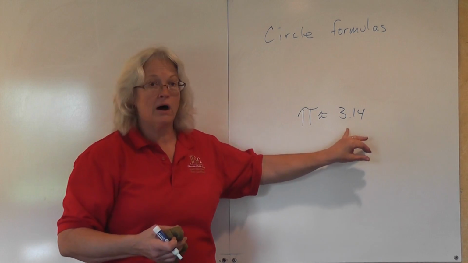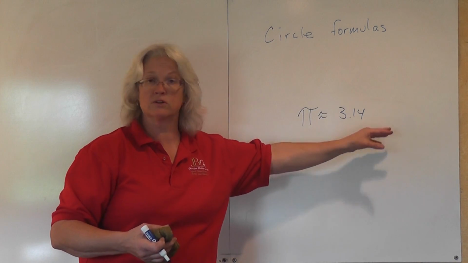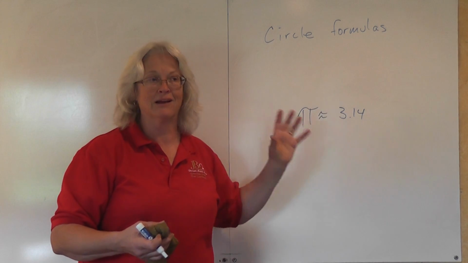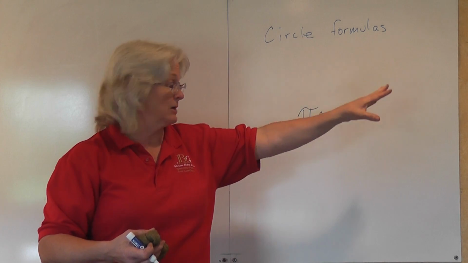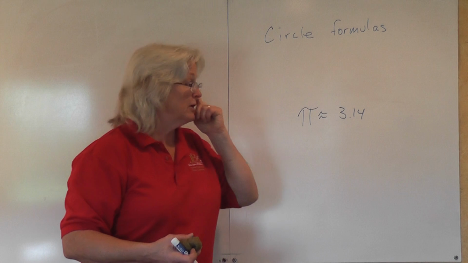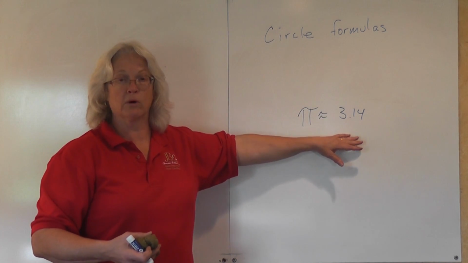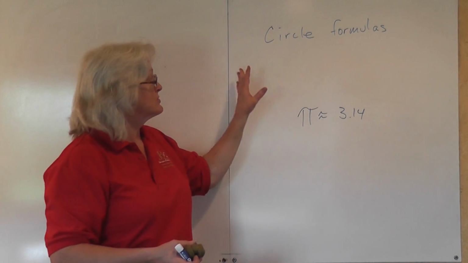So the value of pi goes on infinitely with the decimal values here. It's actually 3.141592683, I think. A computer can calculate from now until Jesus comes, and we're never going to figure out the exact value of pi. So that's why we just say that pi is approximately 3.14, and that's what you're going to use to calculate the area of a circle.